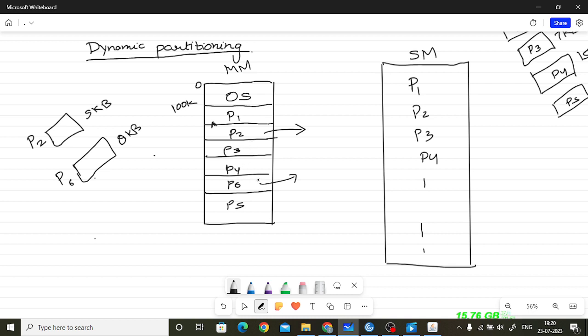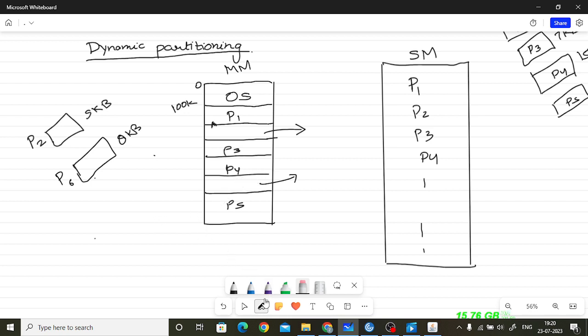Either condition will be there, so they have to be moved out from the main memory, and they will lead to a memory hole, or you can say free space.